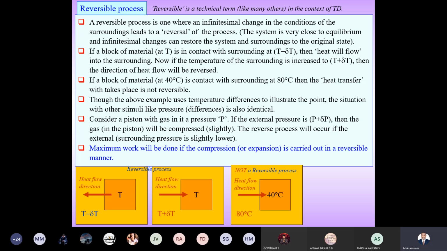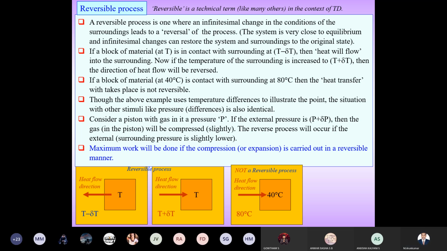So you know about what is isothermal process, isochoric process, and isobaric process. Then another process is the reversible process. So reversible is a technical term like many others in the context of thermodynamics. So you can't understand it just like that. Our general word reversible, its meaning will be the same.